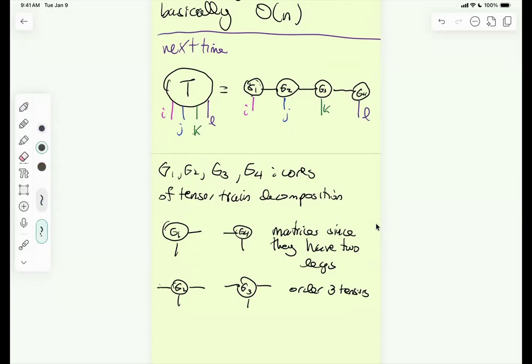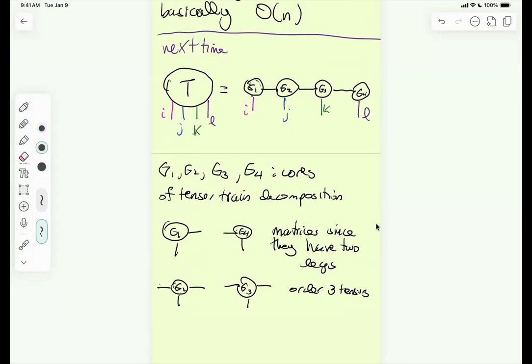I'll mention this more precisely next time when I show you some examples. You'll see literally multiplication of matrices, because you imagine that the free indices are given specific values, and that leaves just the virtual legs.